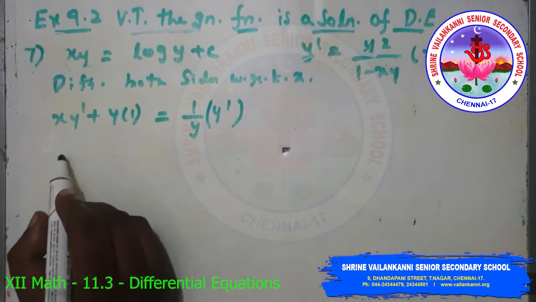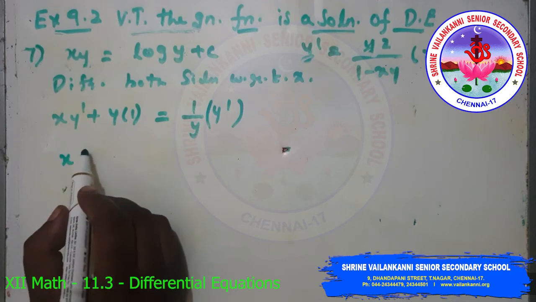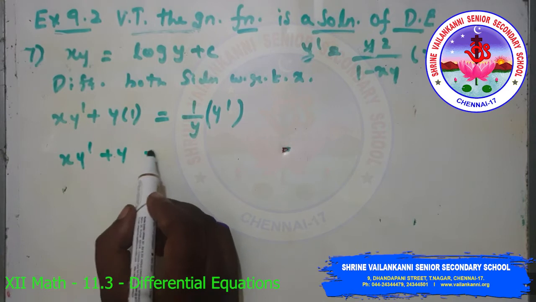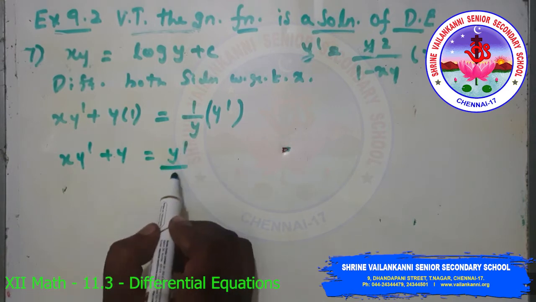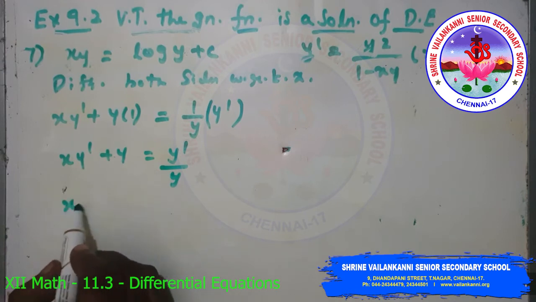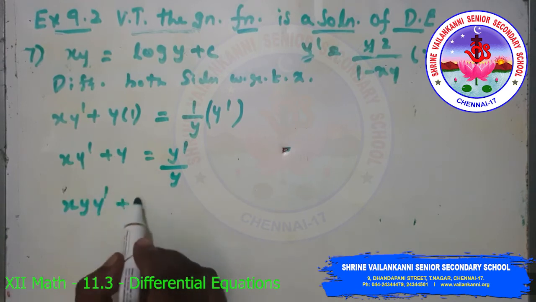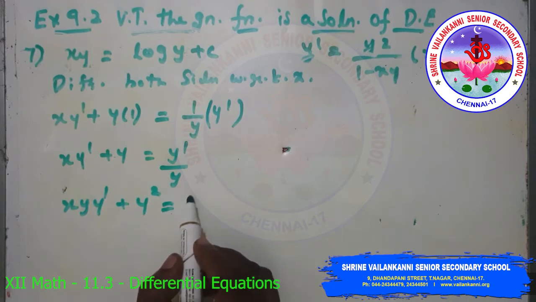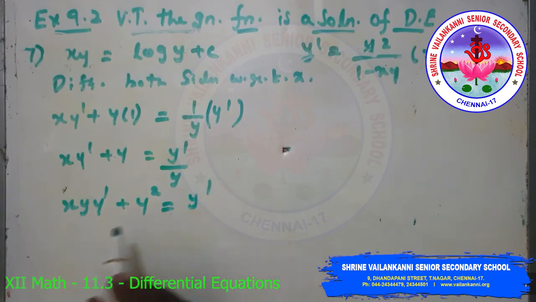Hence we have x y dash plus y equal to y dash by y. Cross multiplying this, we get xy y dash plus y square equal to y dash.